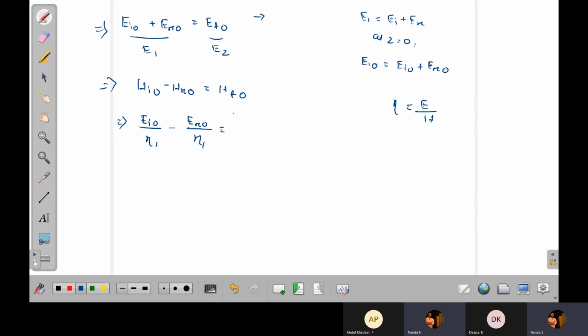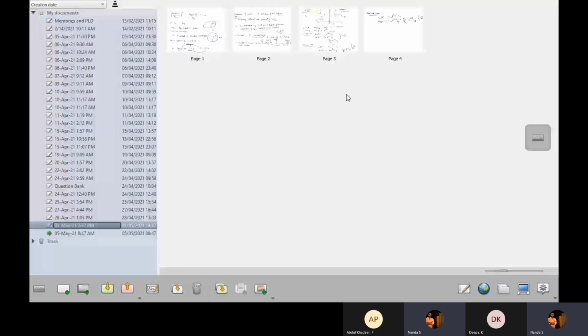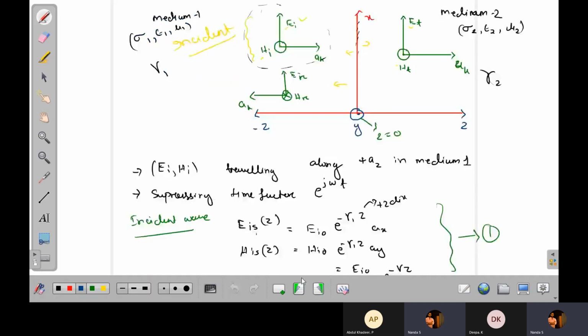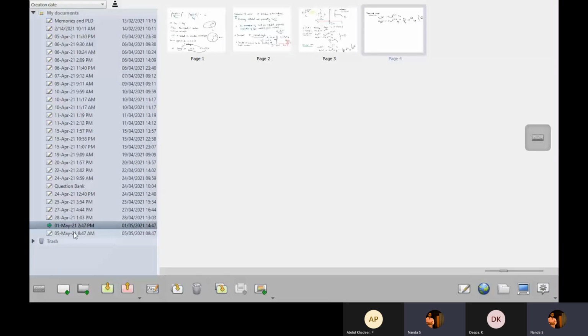But on this side ET0 is the transmitted part, so it is in medium 2, and here it will be eta 2. Okay, let this be equation 4. Why equation 4? Because previously we have written equation 1, equation 2 and equation 3. That's why I have written equation 4, to continue.